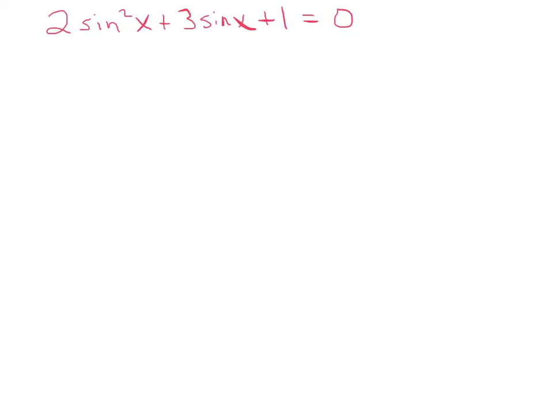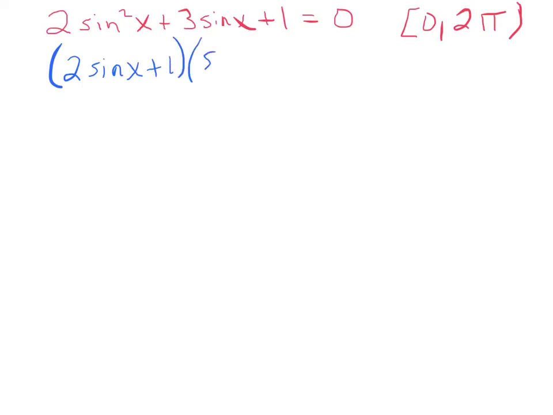And again, let's go ahead and put 0 to 2 pi for our restriction. So again, this looks like a quadratic. I've got a squared, I've got a linear, and I've got a constant. So I'm going to factor it again. So we'd have 2 sine of x plus 1 times sine of x plus 1 equals 0.